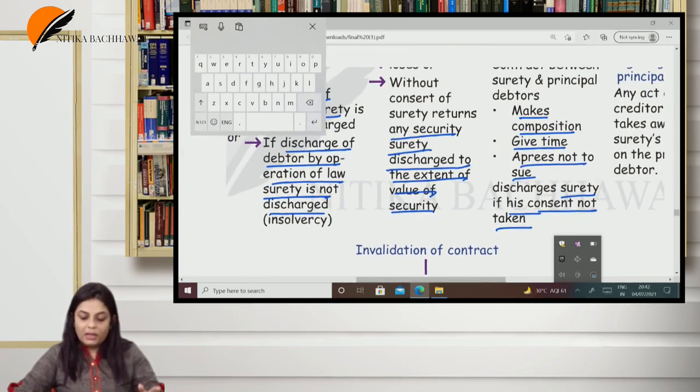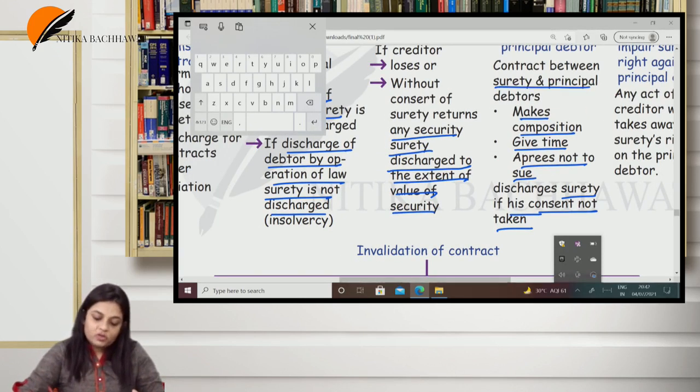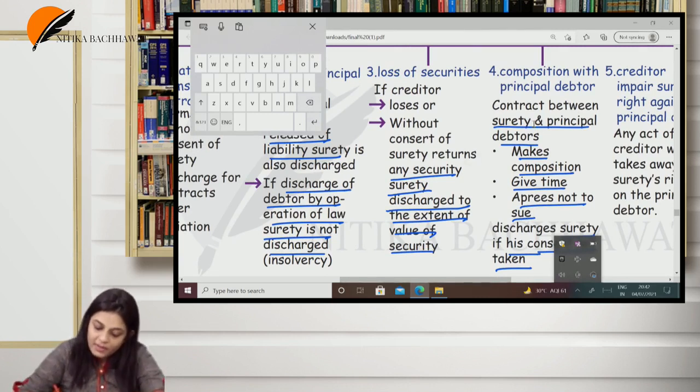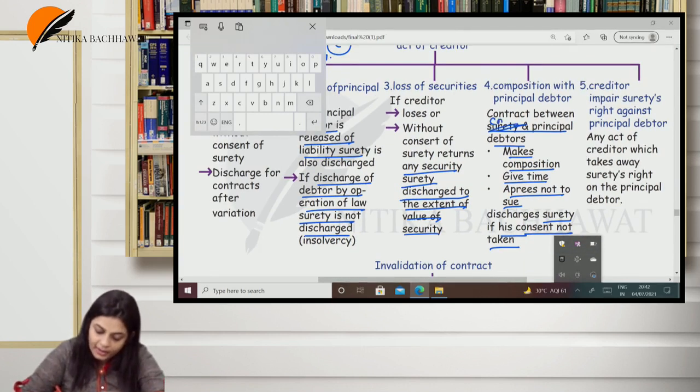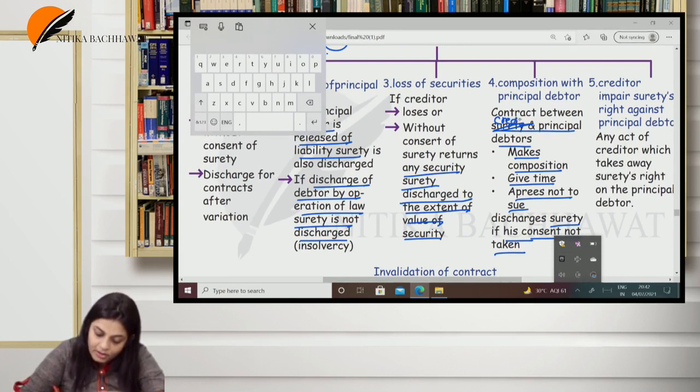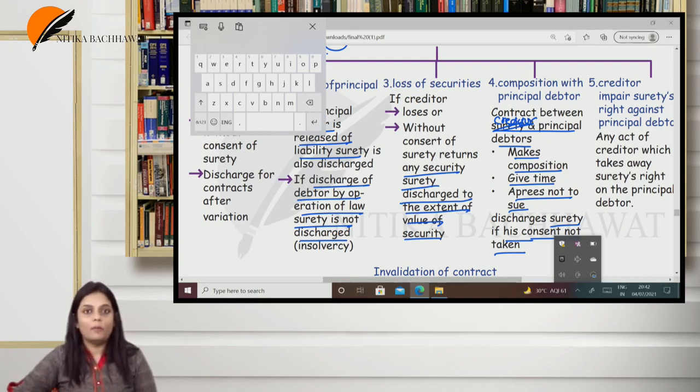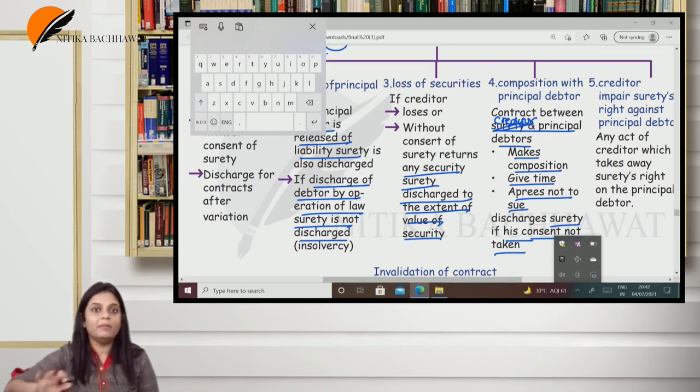What does this mean? The contract is between the creditor and the principal debtor, where the creditor and principal debtor make a composition. What is composition? I had to pay you 15 lakh. You say, okay, in full settlement pay me 10 lakh.